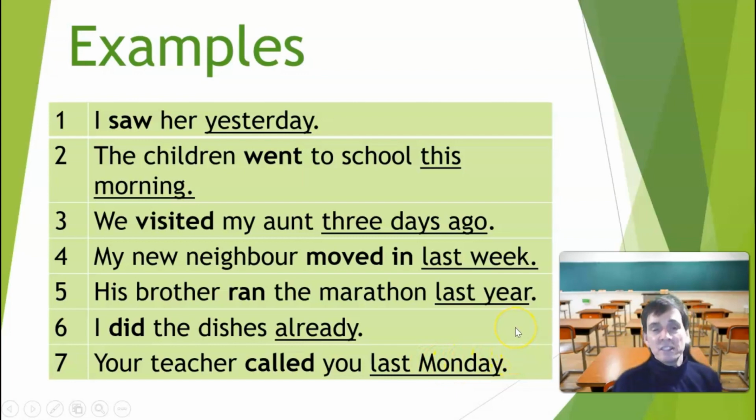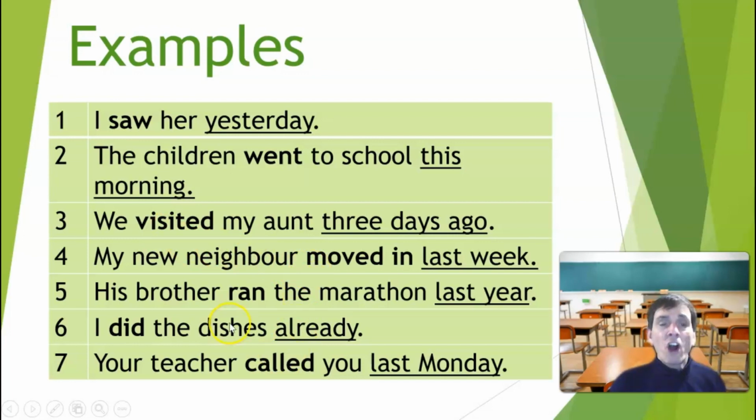So in these sentences, we can see that these are all simple past. We have saw, went, visited, moved in, ran, did, and called. Some of these are regular forms, such as number 3, number 4, and number 7.